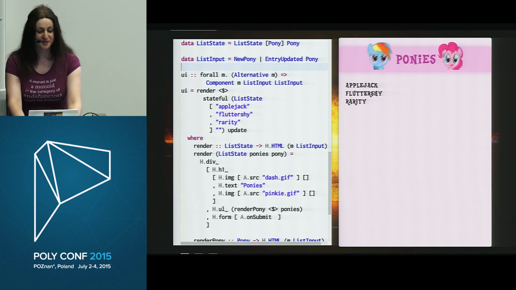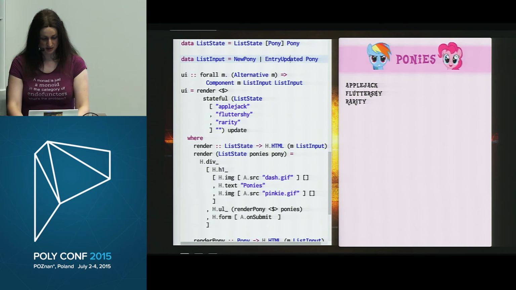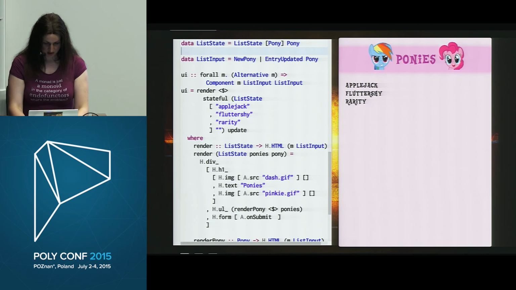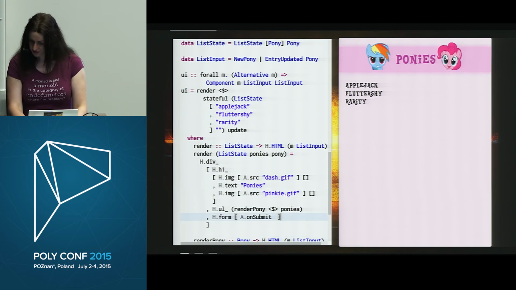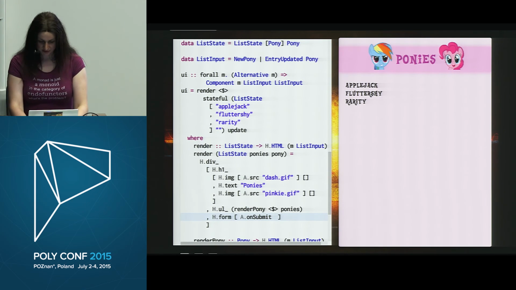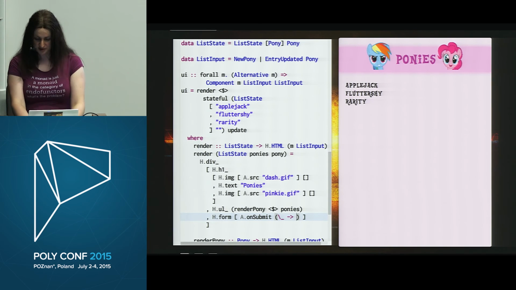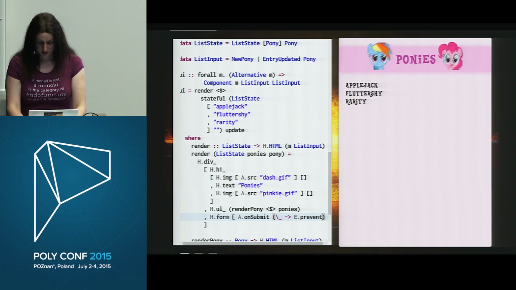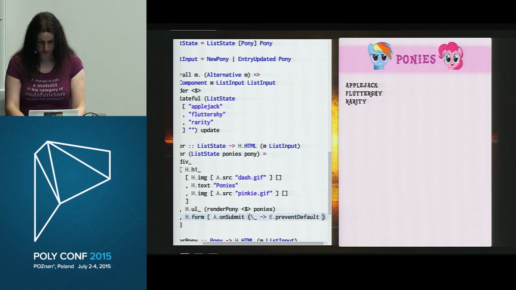And when NewPony gets fired, we take that pony and we put it in the list of ponies. And on submit, this will take a lambda function, which first of all calls preventDefault, otherwise we're going to reload the page, which is not what we want. And then it creates a NewPony event.